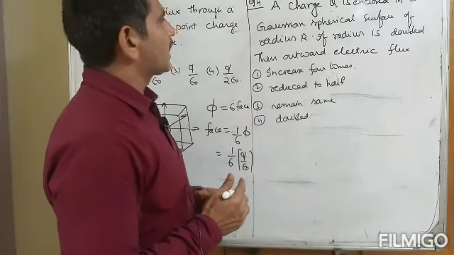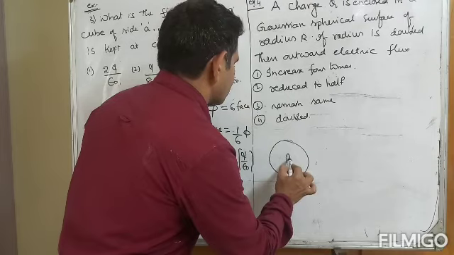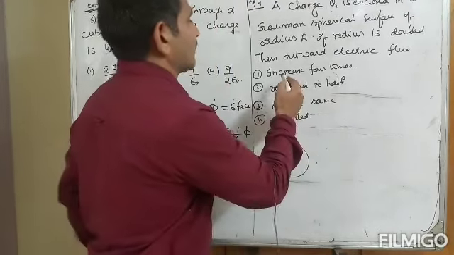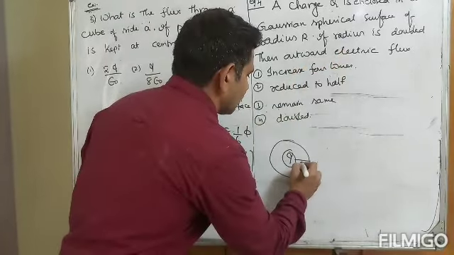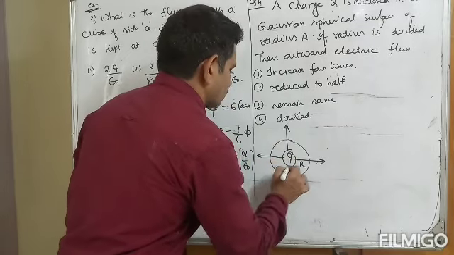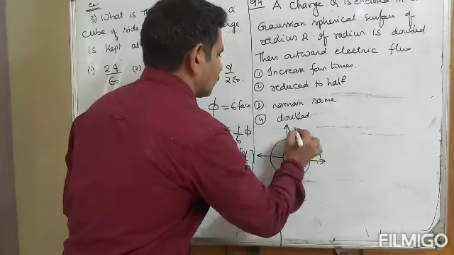So another question. A charge Q is enclosed in a Gaussian spherical surface of radius r. What will be the electric flux if the radius is doubled? See, if the radius is r, let us assume there are 4 lines: 1, 2, 3, 4.